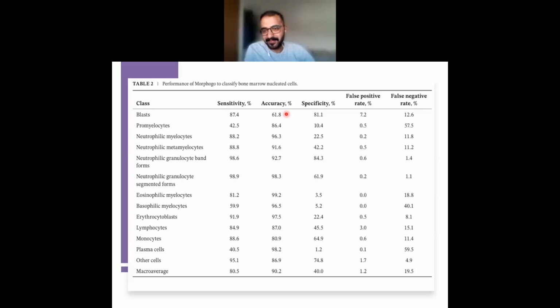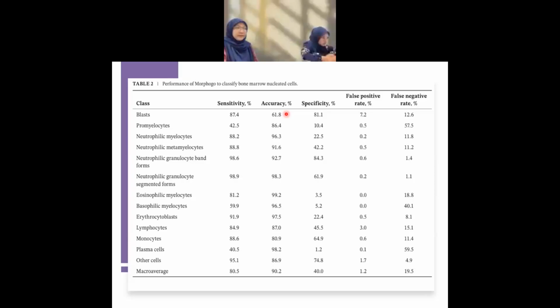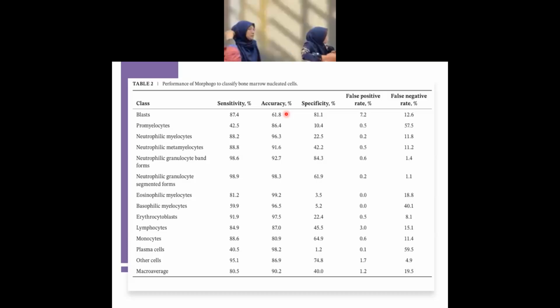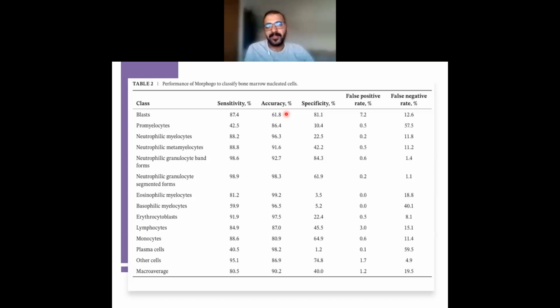Even if it's very low, we still double check. So, even the false positive rate is very low, right? Yes, but we still need a human to double check it.